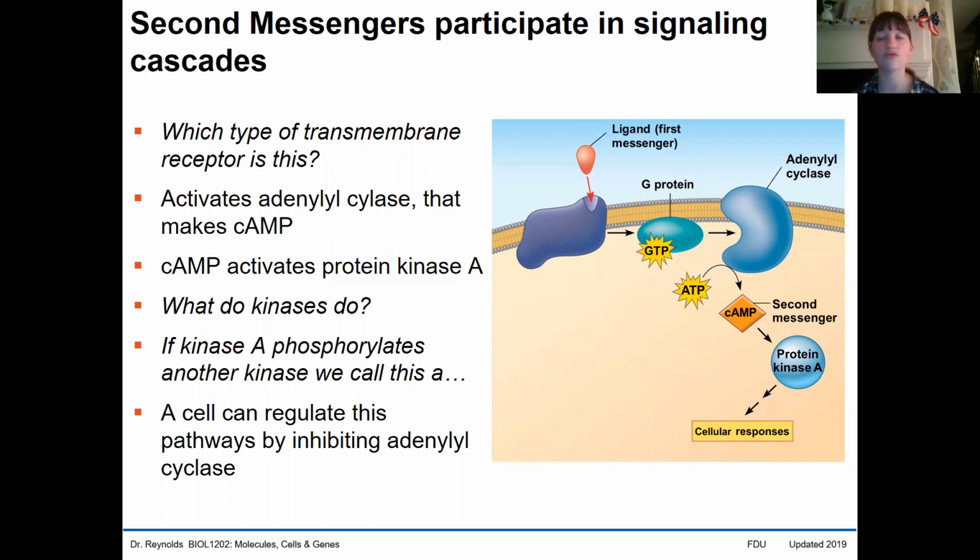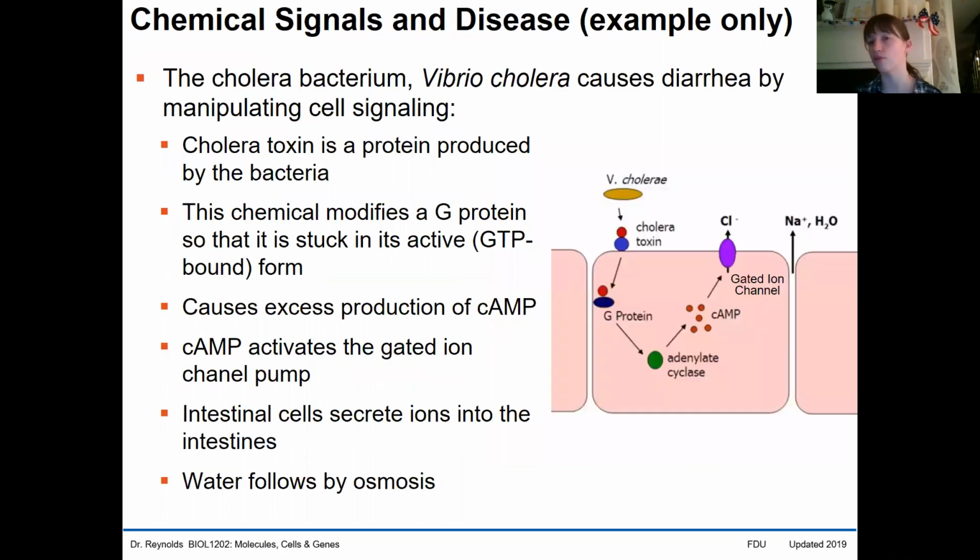A cell can regulate this process pretty easily. For example, if you inhibit adenylyl cyclase right from the get-go, everything that happens after that would already be tightly controlled. Here's an example of one of these cell signaling pathways that can occur in disease. Vibrio cholerae is a bacterium which causes the disease cholera by producing a toxin.